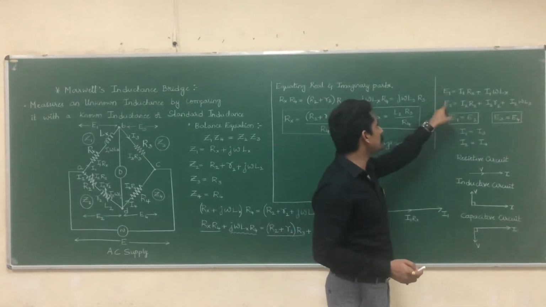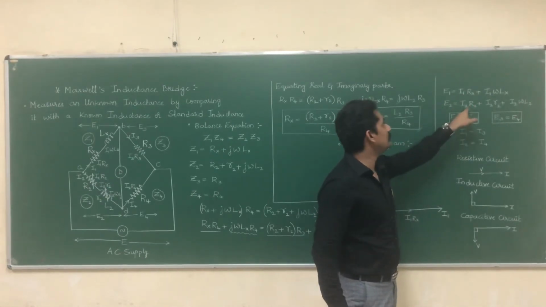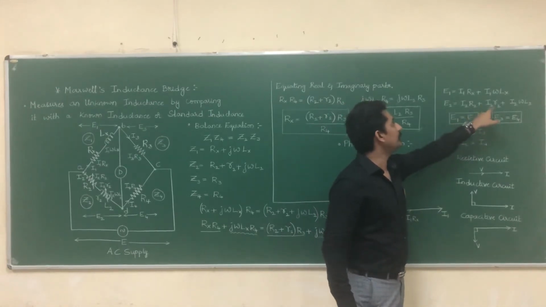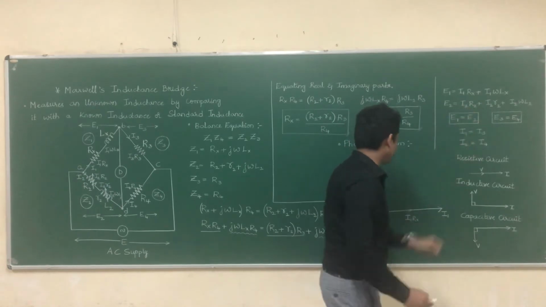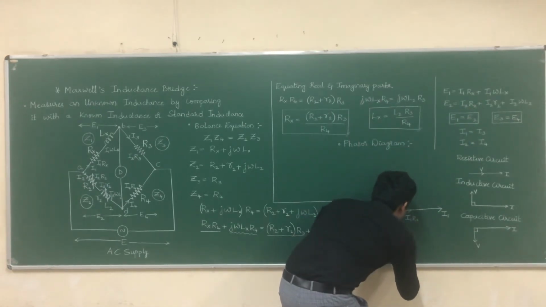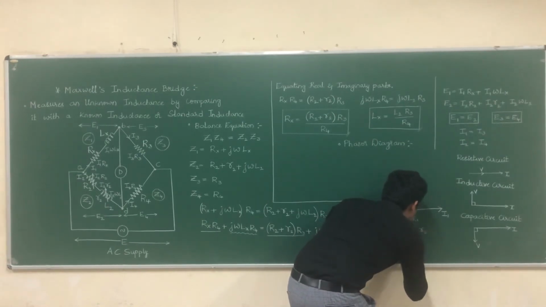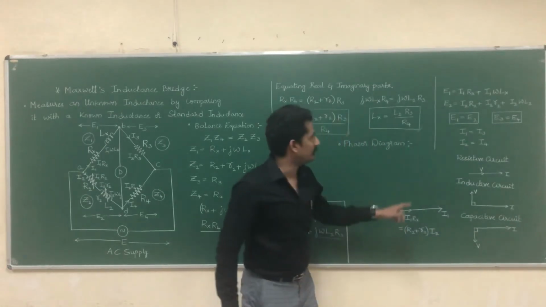If E1 is equal to E2, I1 Rx will be equal to R2 plus R2 into I2. This will be equal to this current.